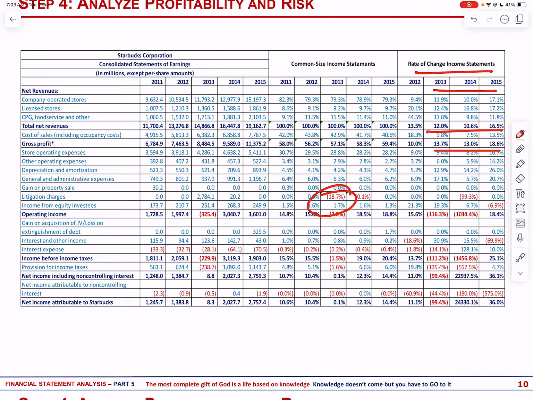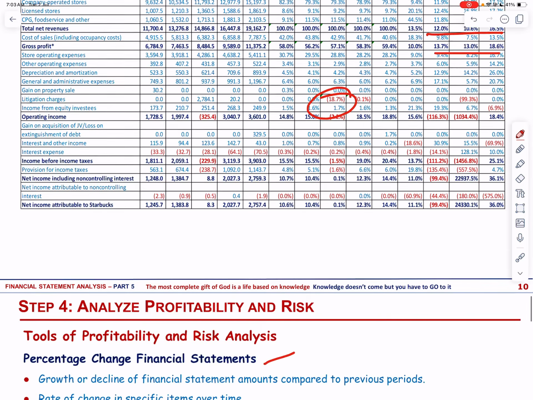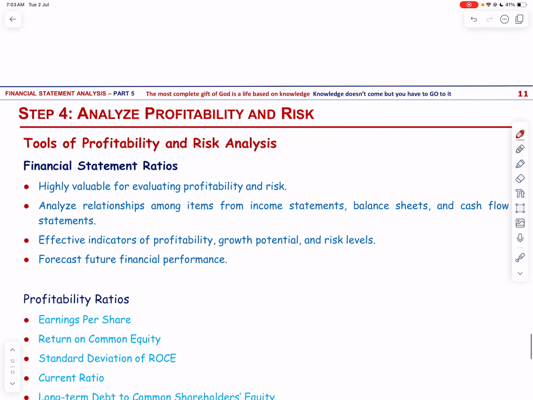Next, we will talk about another analytical tool called financial statement ratios. Now, financial statement ratios are highly valuable for evaluating profitability and risk. These ratios analyze relationships among items from income statements, balance sheets, and cash flow statements.